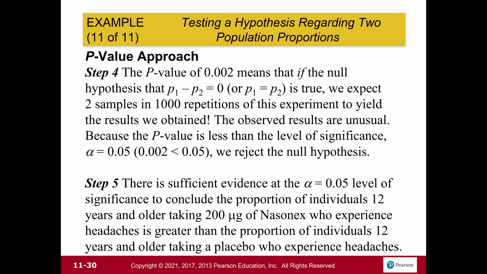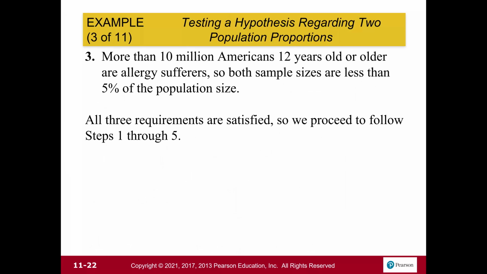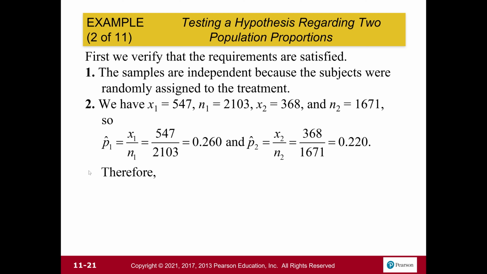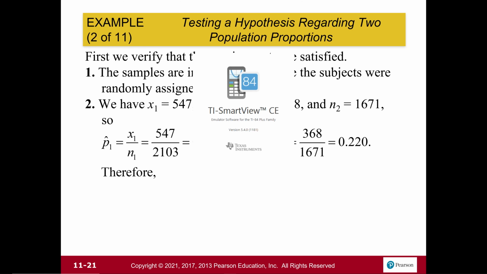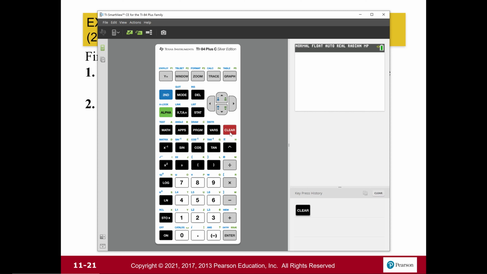All right. Now, how would we go about doing this on our calculator? Well, first, let's simply go back to the stats here. Let's pull up our calculator. And we're going to go to stat tests, and we're going to do a 2-prop z-test.